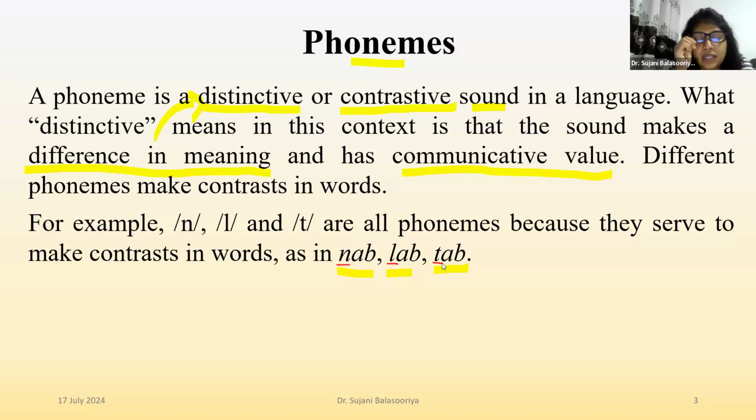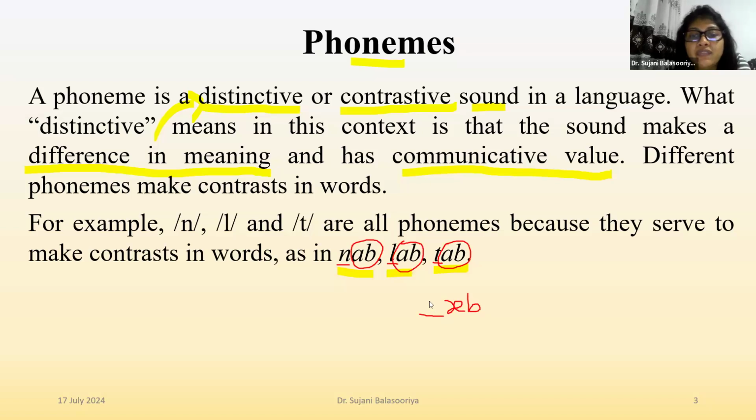Here you can see the first word has the initial consonant n, the second word initial consonant l, and the third one t. Other than that, the rest of these three words is the same. It's the ab sound. This is the transcription of ab. Only the first sound is different.